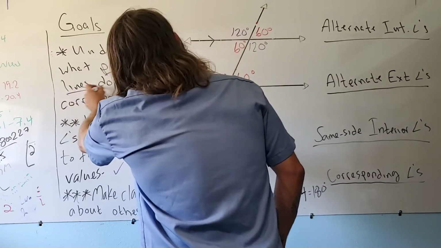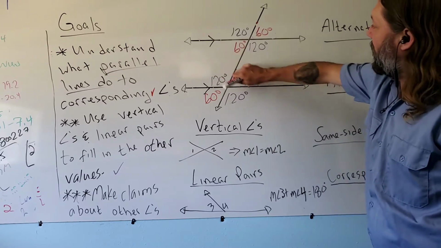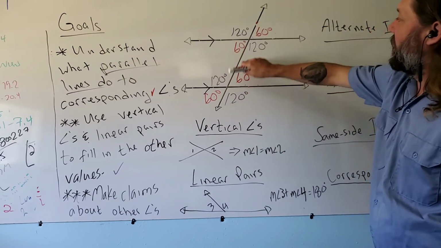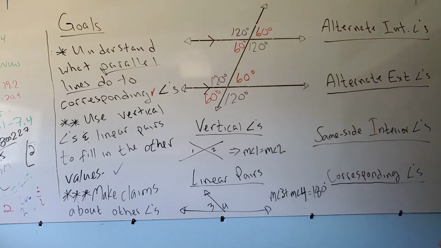Okay, so we have to really understand that parallel lines do something to all of these. Alright, so let's look at alternate interior angles. These are alternate interior angles and they're both 60 degrees. These are alternate interior angles and they're both 60 degrees. So parallel lines make equal alternate interior angles.